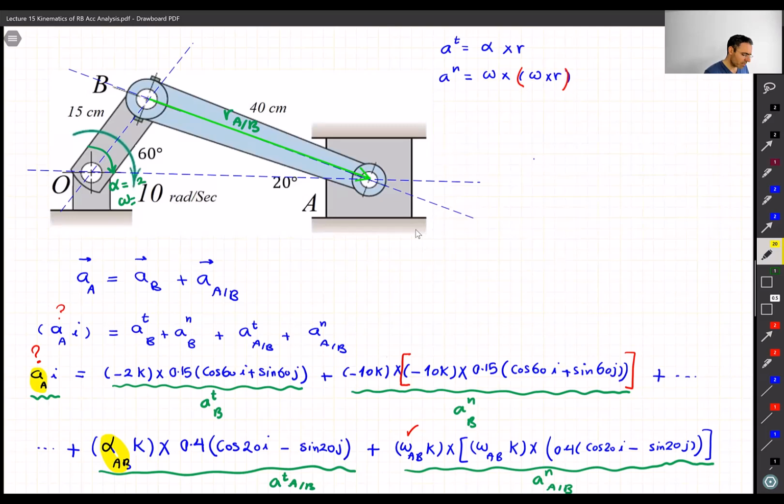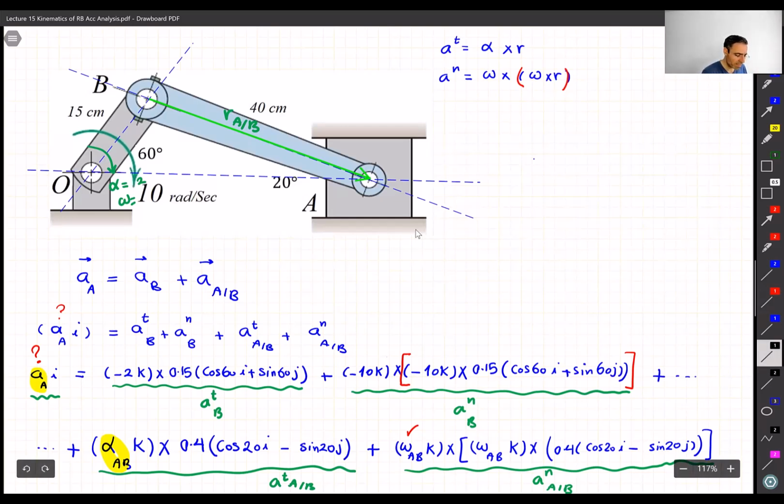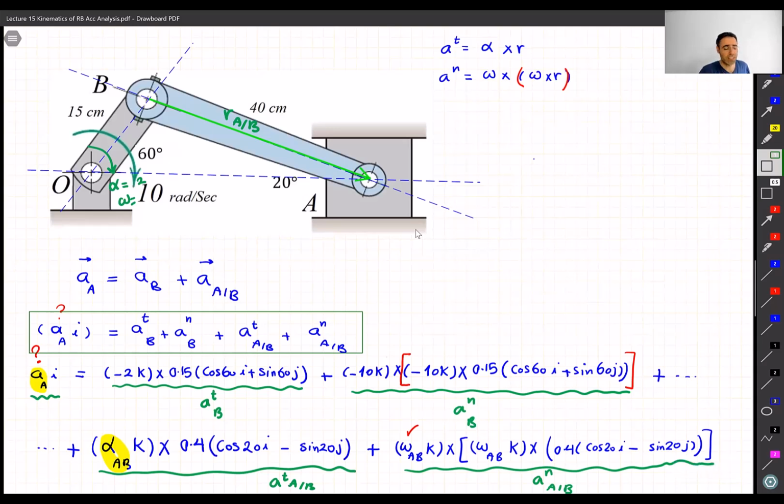The good thing is that we know the acceleration of point A has to be on this horizontal line. Because now we have more components, we need to draw five vectors rather than three.